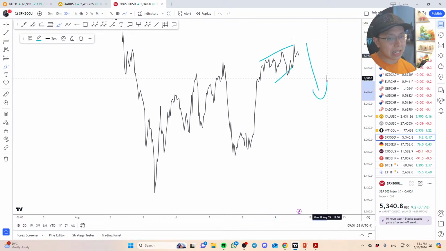So this gives you the alignment between the 30-minute and the H4. Both directional bias is bearish. Okay, so it also gives you a sense of an element of time, right? Because higher time frame is down, lower time frame is also down. Both timing suggests that, all right, the market may be ready to come down. Okay, so you can see where I'm coming from.